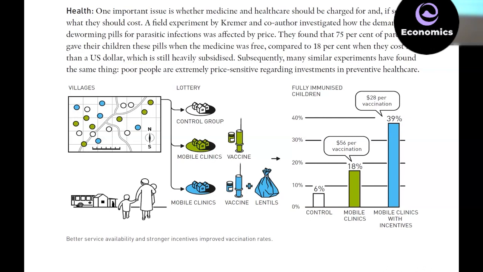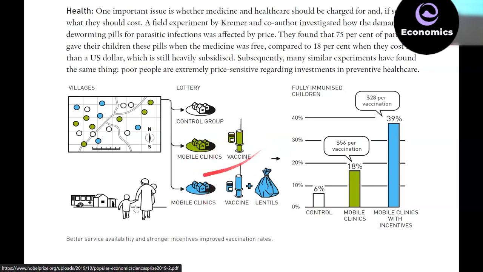They might need to travel by foot for hours to go to a clinic to get a vaccine, and that makes it hard for them. So in one of the treatment groups, they randomize and give some villages a mobile clinic that offers the opportunity to get vaccines for free.